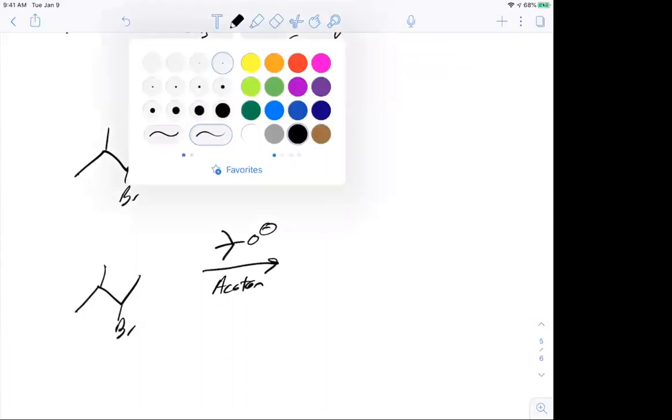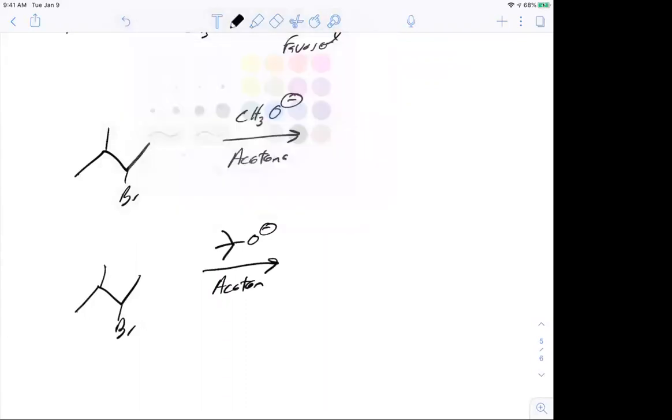In the first case here, I am going to get both products, the elimination and the substitution product, but the substitution is going to be favored.